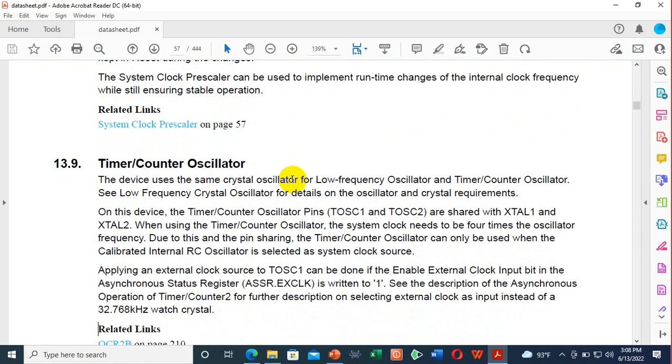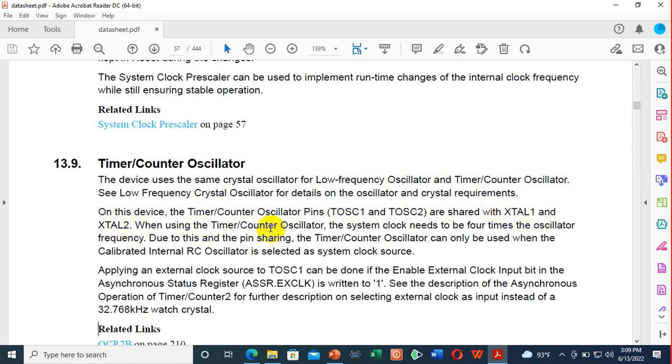Okay. Finally, timer counter oscillator. The timer counter we have used in the week 2 lecture: timer 0, timer 1 and timer 2. The device uses the same crystal oscillator for the low frequency oscillator and the timer counter oscillator. On this device, the timer counter oscillator pins TOSC1 and TOSC2 are shared with XTAL1 and XTAL2.